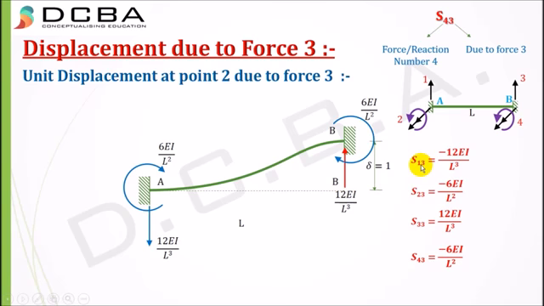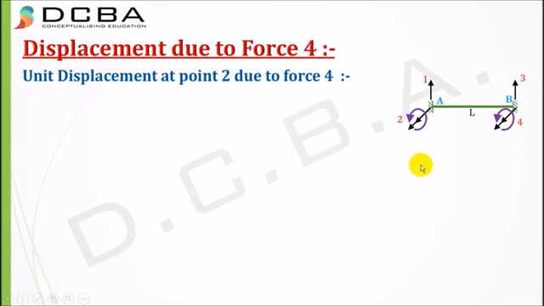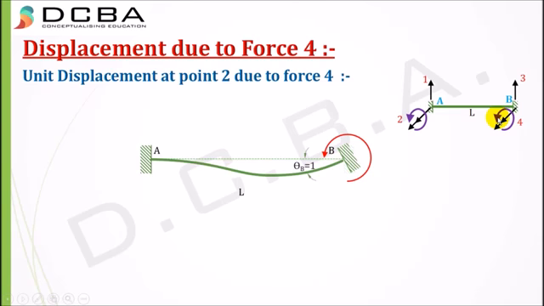Now let us check the displacement due to force 4, giving a unit displacement at point 2 due to force 4. Force 4 is basically our anti-clockwise moment here. So giving a unit rotation at point B, we get a displaced beam like this, and the reactions formed due to this displaced profile are these reactions.